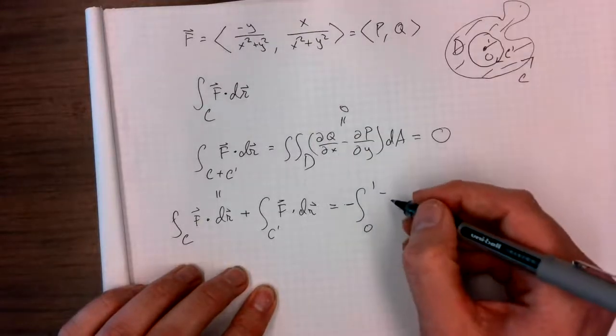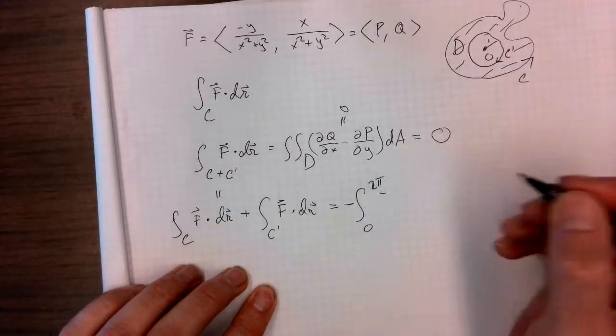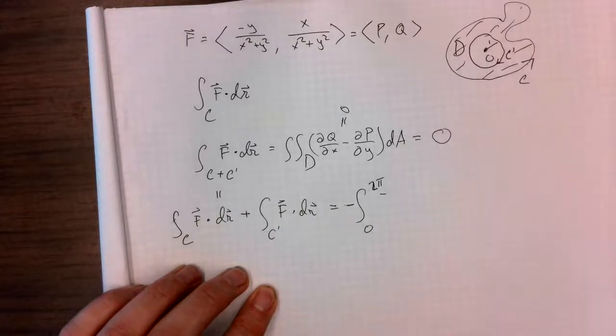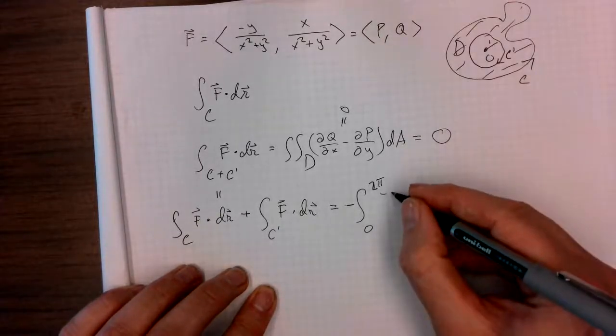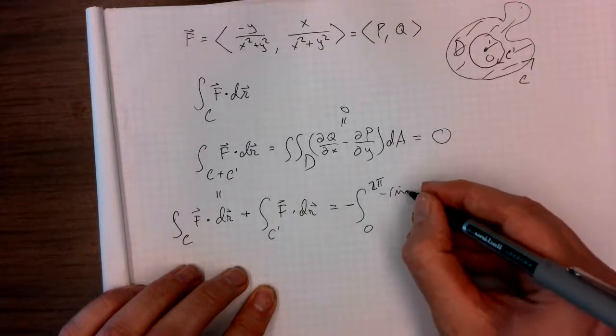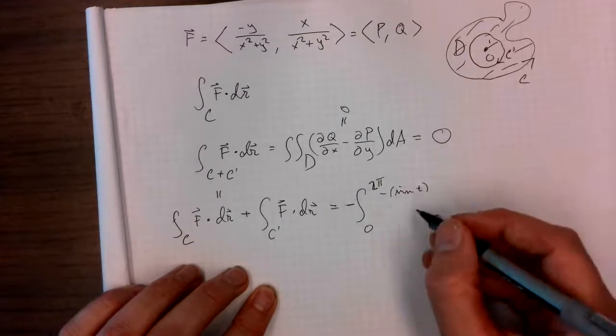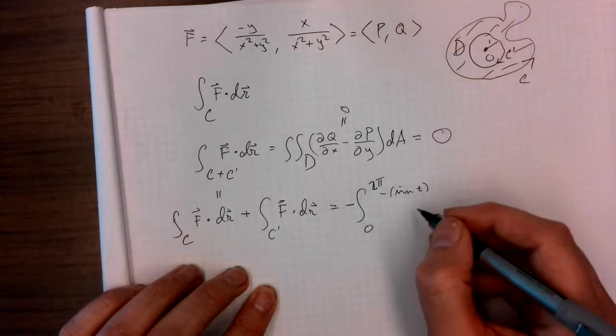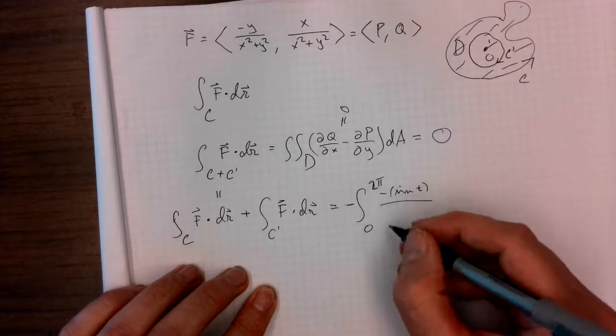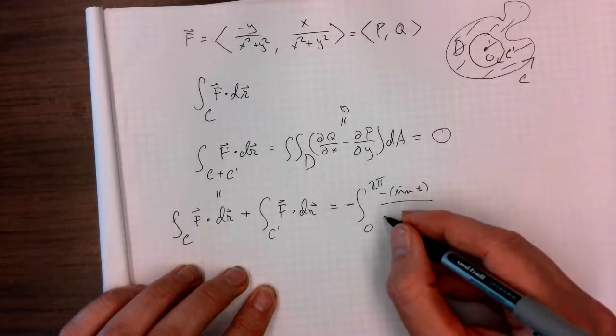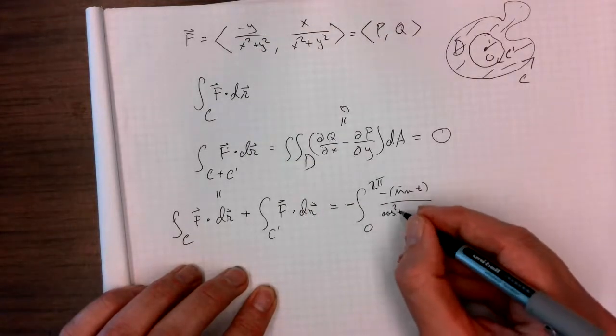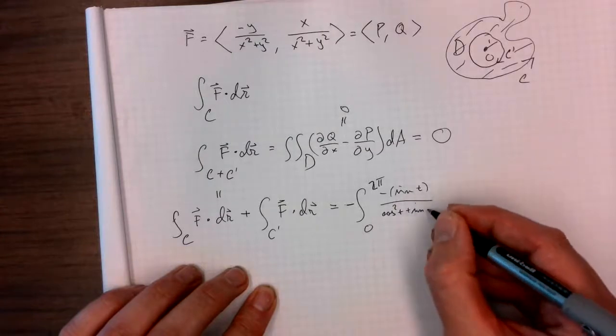The angle goes from 0 to 2 pi. Minus sine t divided by cosine squared of t plus sine squared of t.